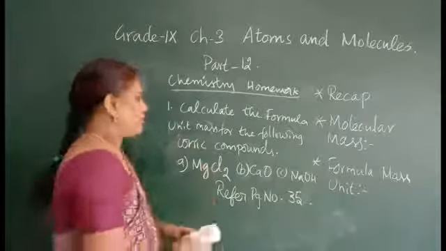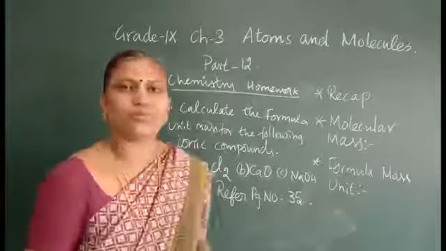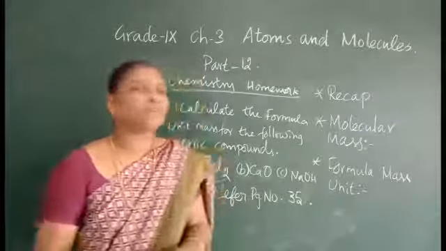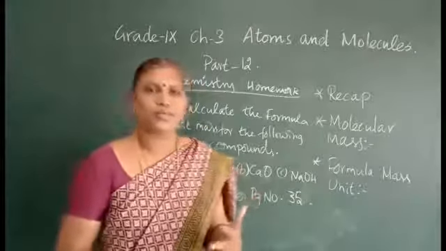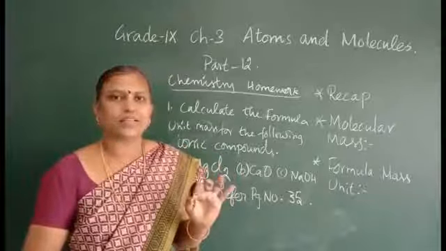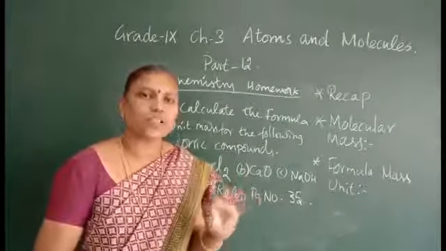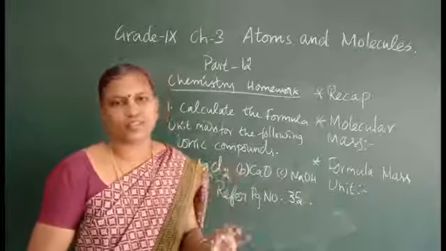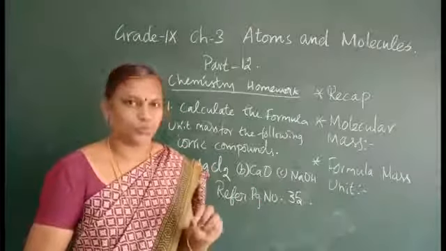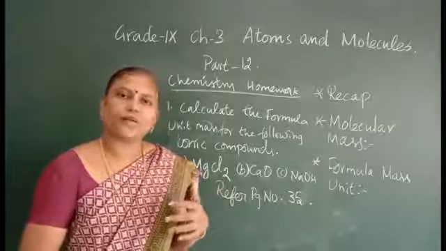So today, what are the things we have seen? Today we have seen what is molecular mass. The molecular mass of a substance is the sum of atomic masses of all the atoms present in a molecule of the substance. And its unit is U. Similarly, what is formula unit mass?